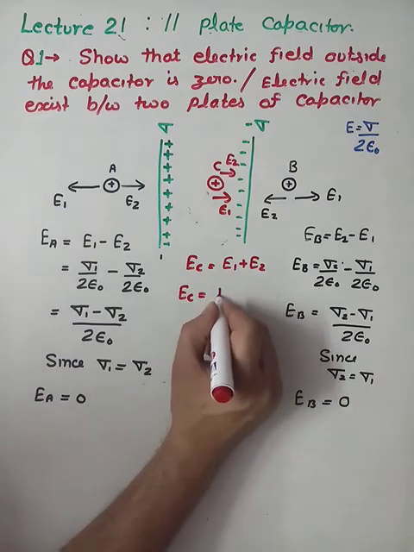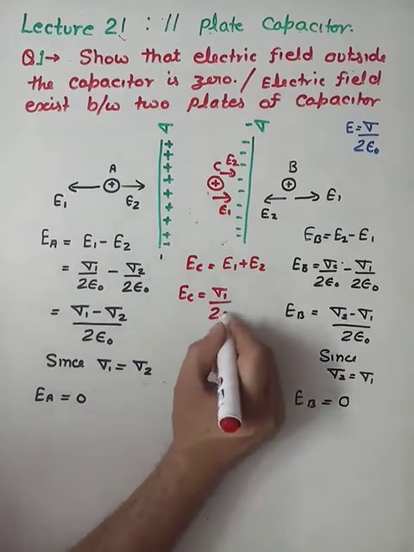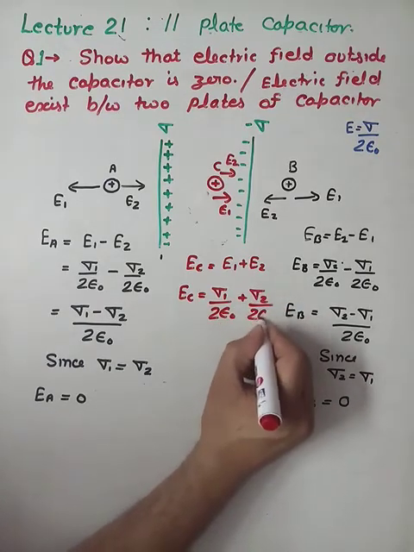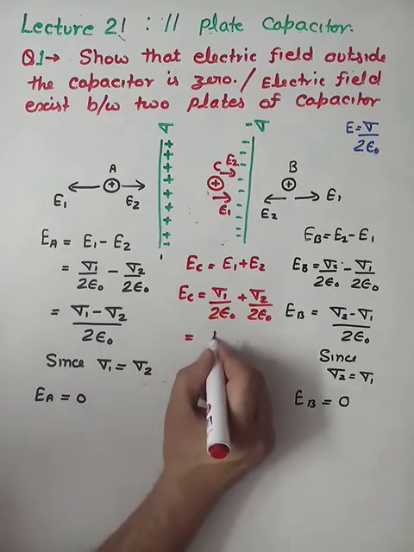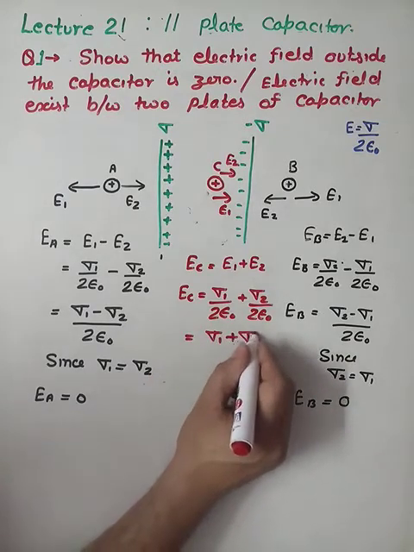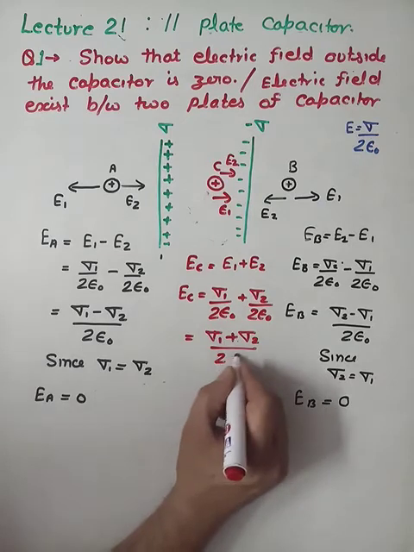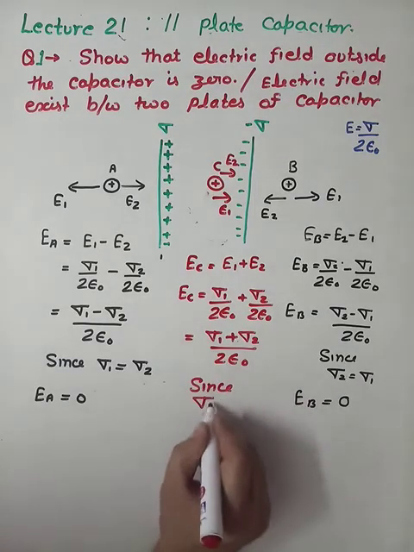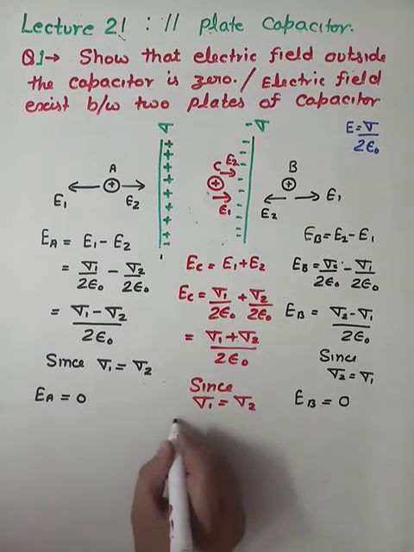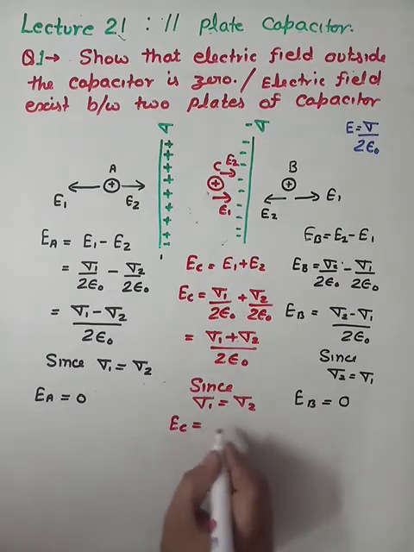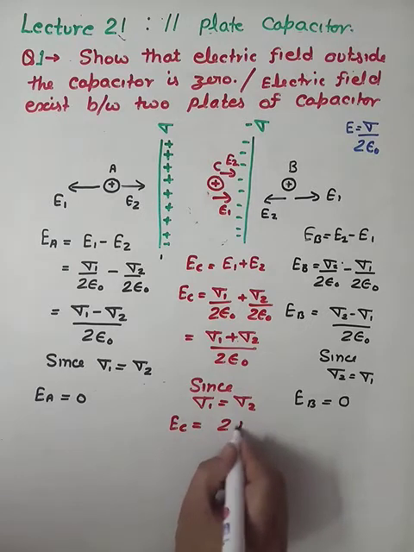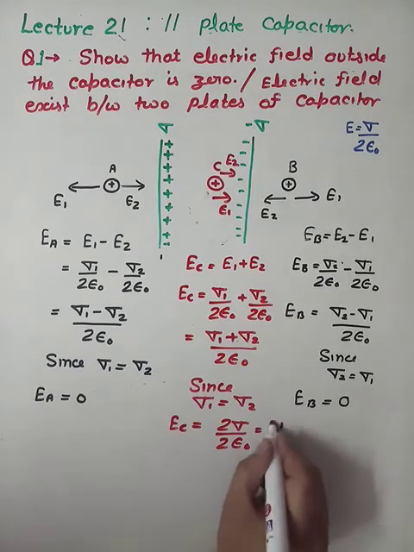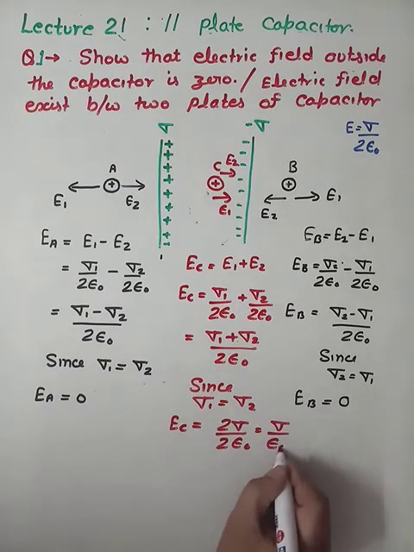EC is, E1 is sigma 1 upon 2 epsilon naught, it is independent of distance, plus sigma 2 upon 2 epsilon naught. We have sigma 1 plus sigma 2 upon 2 epsilon naught. Again, since we use the same concept, sigma 1 equals sigma 2, therefore at the C point we have 2 sigma upon 2 epsilon naught, or we get sigma upon epsilon naught.